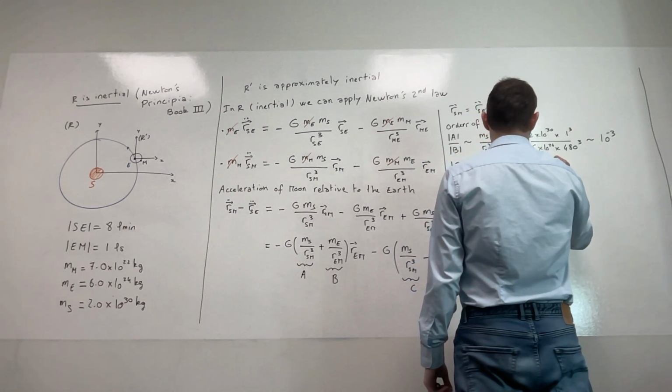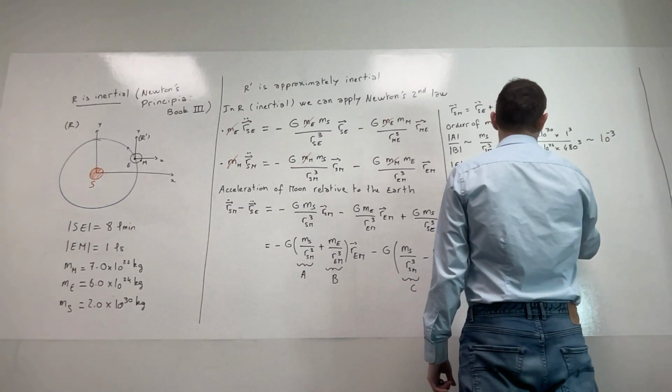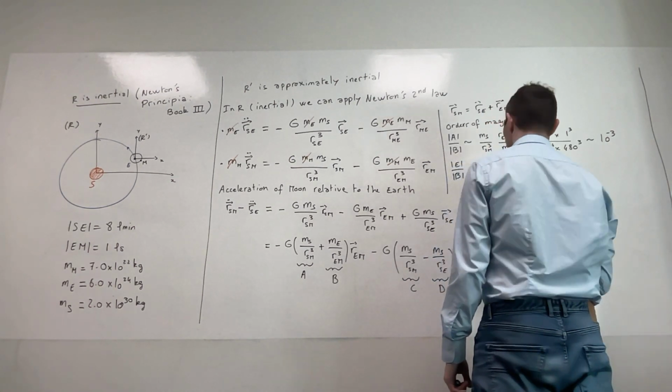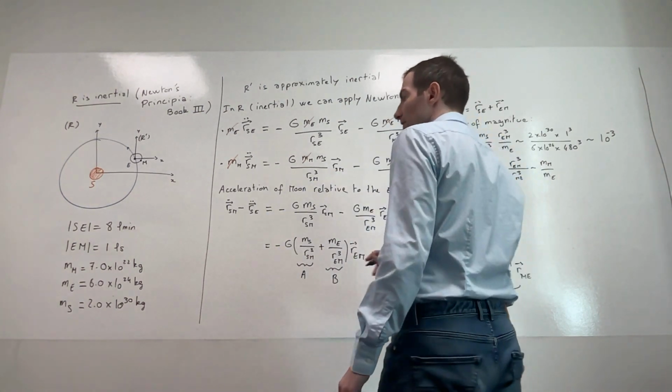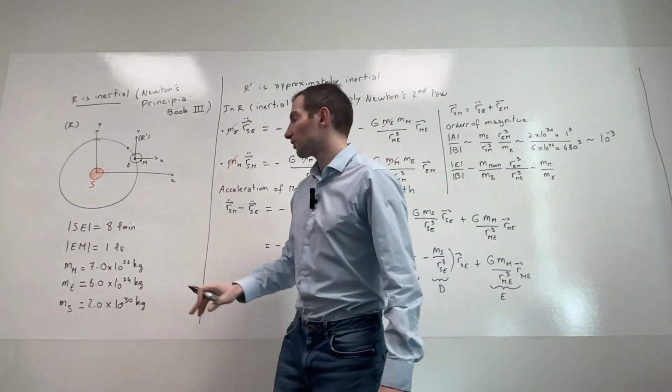So that's only equal to the ratio of the mass of the Moon and the mass of the Earth. And you see you've got a ratio here which is about 10 to the minus 2.